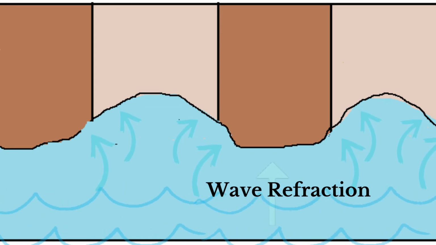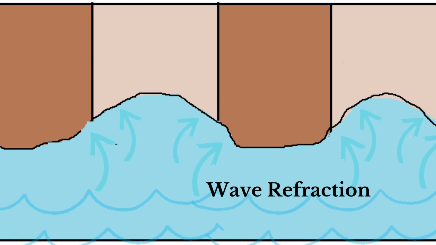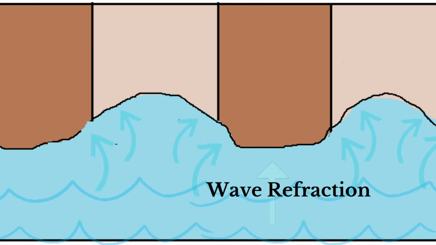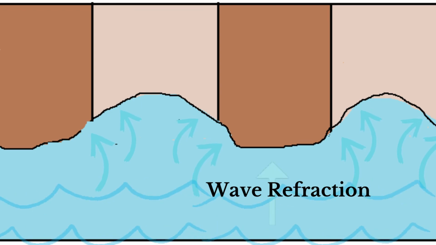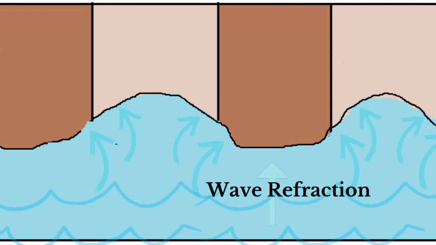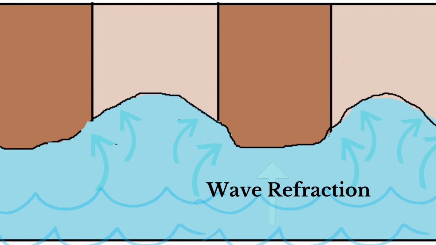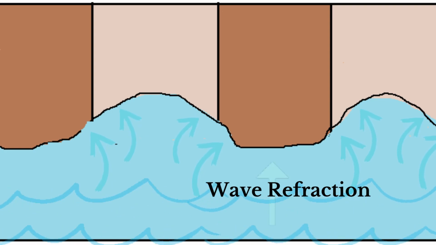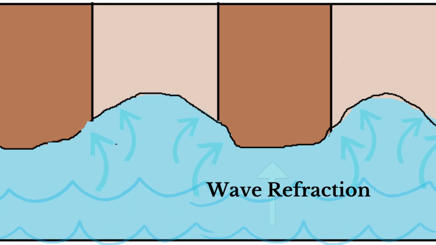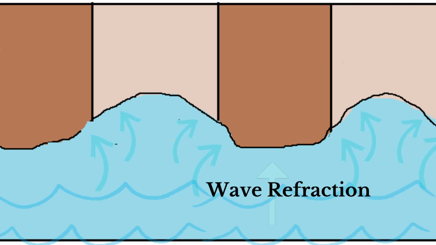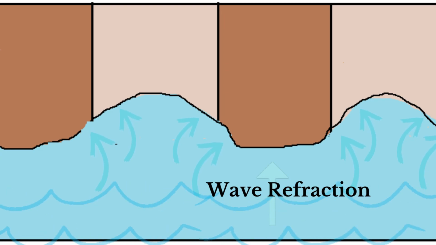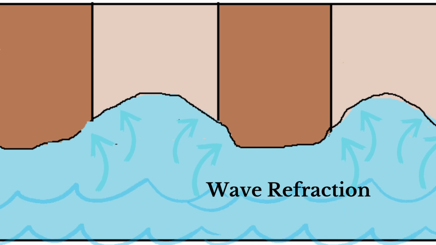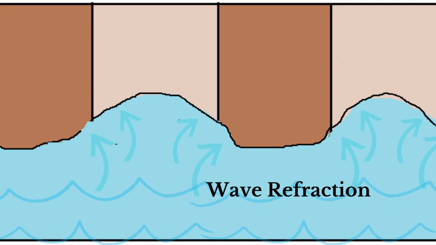Wave refraction is basically the bending of the wave crest in the direction of the coastline. As a result of wave refraction, most of the energy is concentrated along the headland and less energy is concentrated along the base.